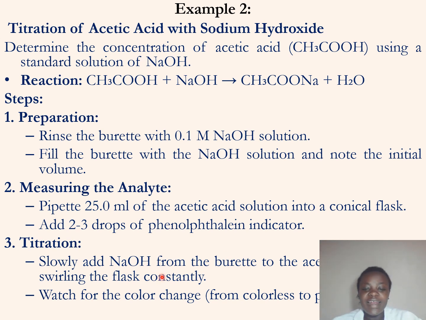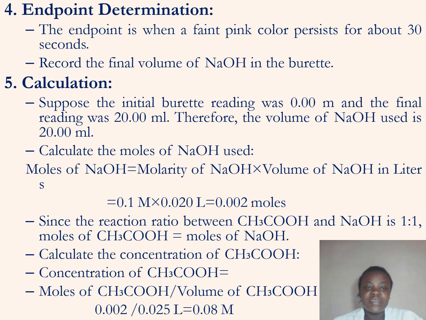Then observe the color change, from colorless to pink. That is the color change of phenolphthalein indicator. Step number 4 is the endpoint determination. When the faint color persists and does not change for a few seconds, we record the final volume of sodium hydroxide in the burette.